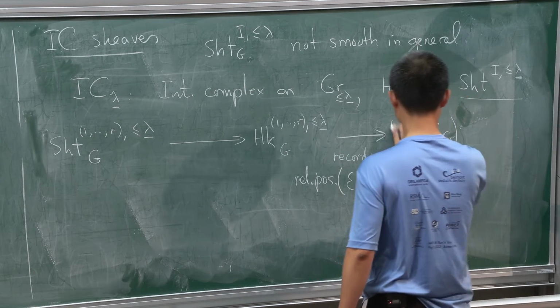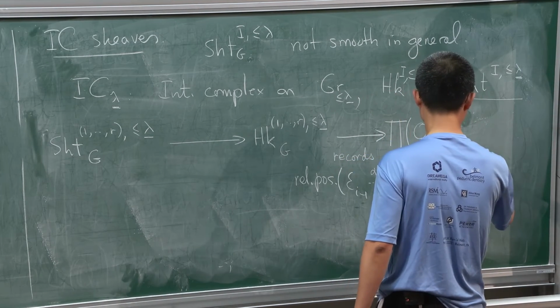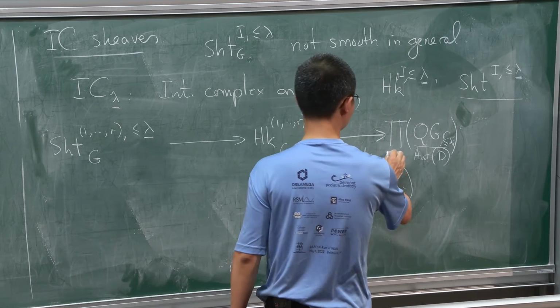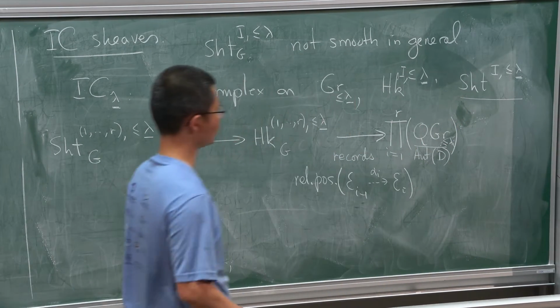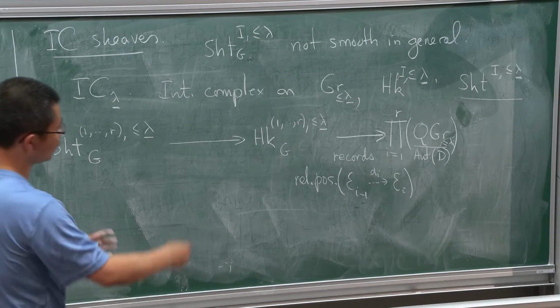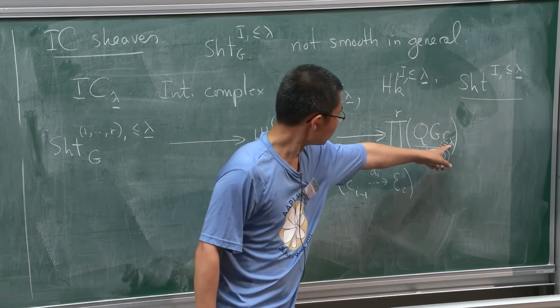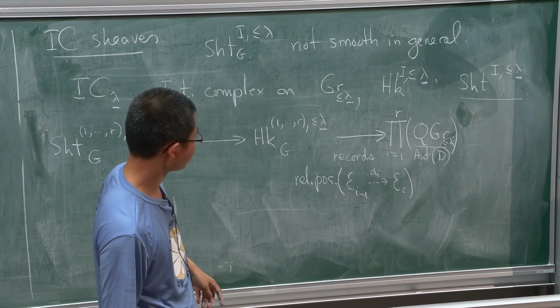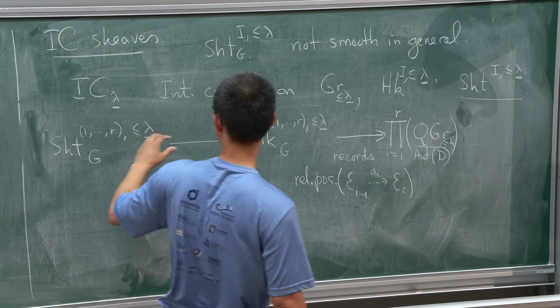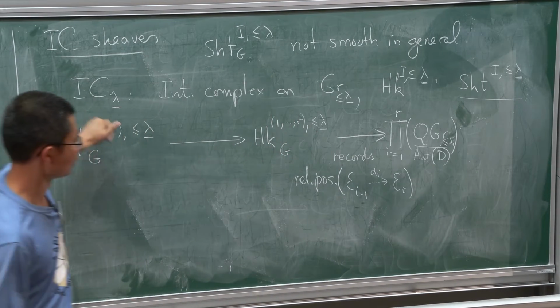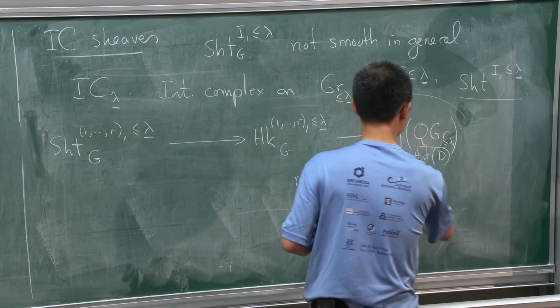So, the product with the iterated version, we have r factors bounded by lambda_i. And this IC lambda starts life here.